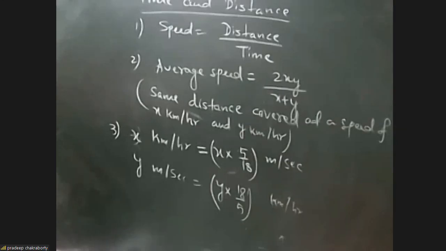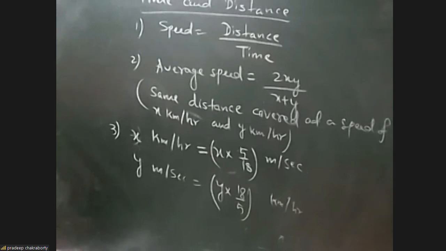Kilometer per hour to meter per second is converting a higher to a lower unit, so you multiply by 5/18.